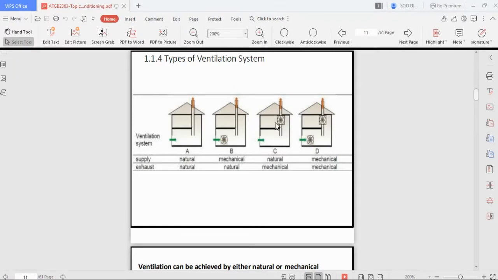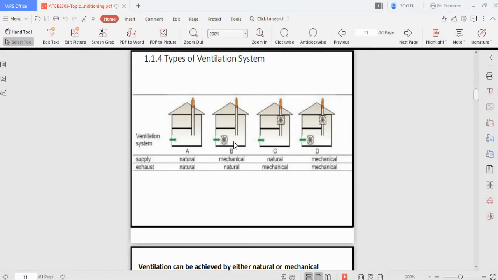Because the air pressure inside is low compared to the outside atmosphere, the air will force itself into this room.